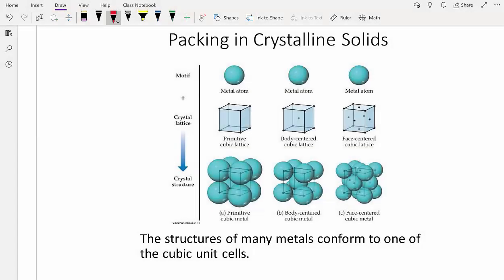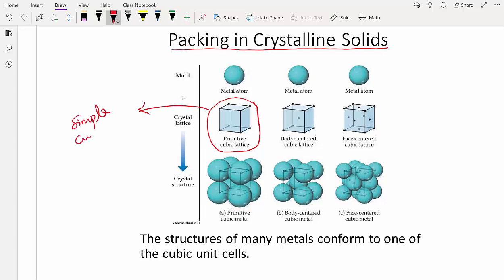Before we begin with calculations and examples, let us quickly do a recap of packing in crystalline solids. We will focus on only three types of unit cells. We will focus on primitive cubic lattice, which in some textbooks you will see written as simple cubic structure, or SCC.